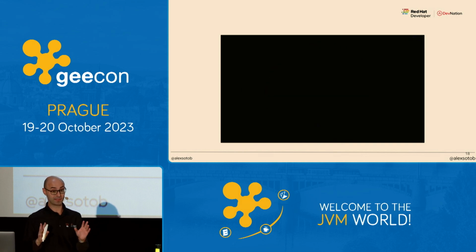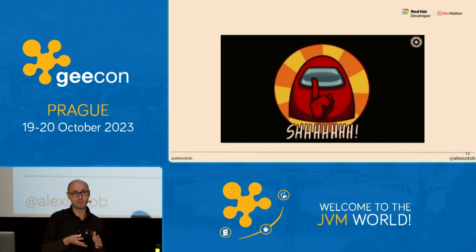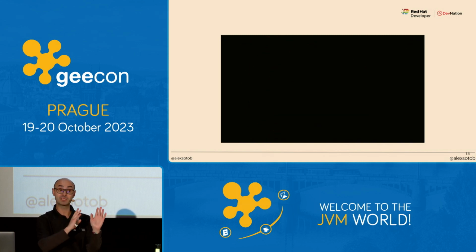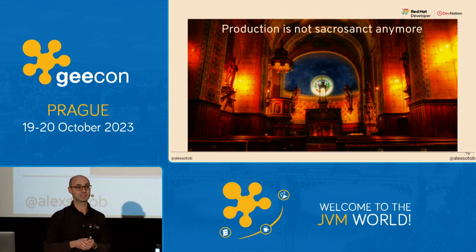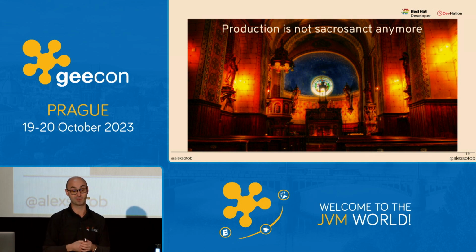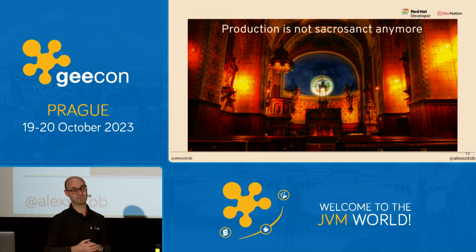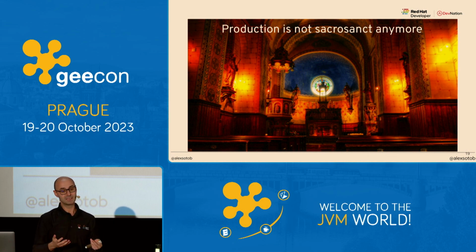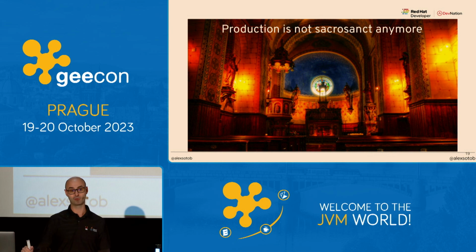But let me tell you one thing, and don't tell this to your manager. If you are starting to do progressive delivery, if you start applying these techniques that I explained here, you are doing testing in production. And this means that production is not sacrosanct anymore because you're starting to test your production environment. And yeah, okay, if you tell your manager, hey, we're going to test in production, probably they will say no. I don't let you test a production environment, right?